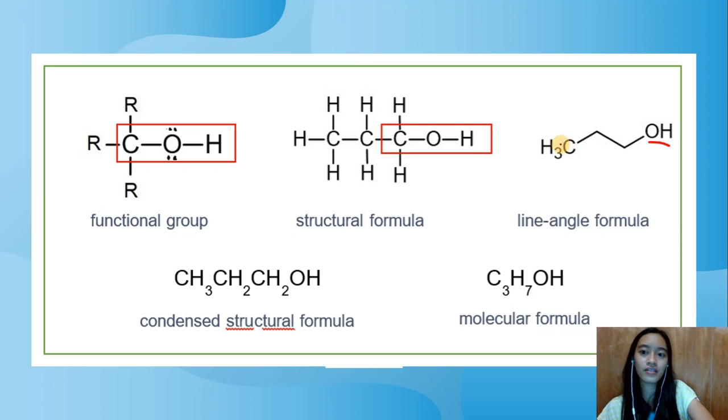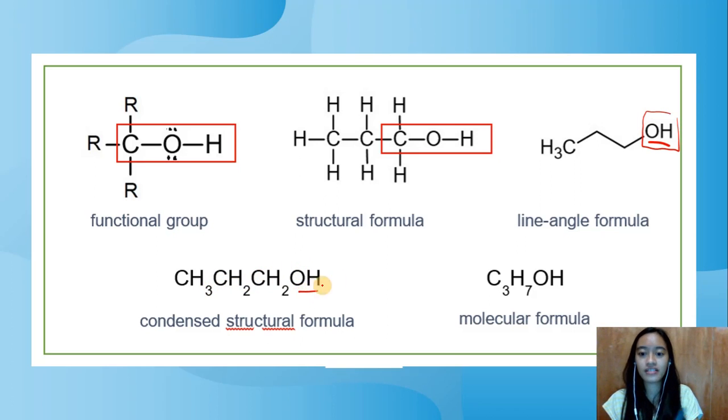Some books write the other end with a CH3, but you can also not write it because it's understood that in a line angle formula, the ends and the vertices are always carbon, unless, just like this, we specify that it is an OH. Another is the condensed structural formula, wherein you do not use the dashes, the lines. The sequence is written just as it is: CH3, CH2, CH2, OH.